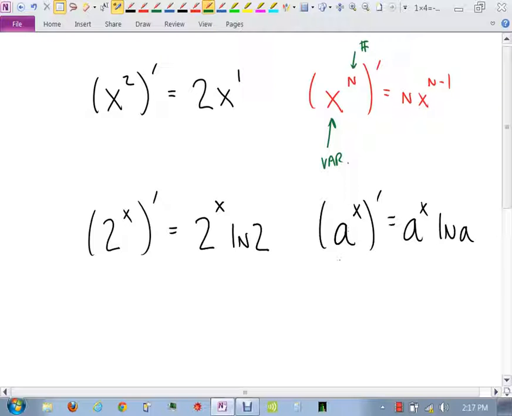Here we have the number, and here our variable is here. So you see the top one is backwards from the bottom one. In the top one, your variable is the base and a number is the exponent. On the bottom one, your base is the number and your exponent is the variable. Totally different formulas for each of those cases.